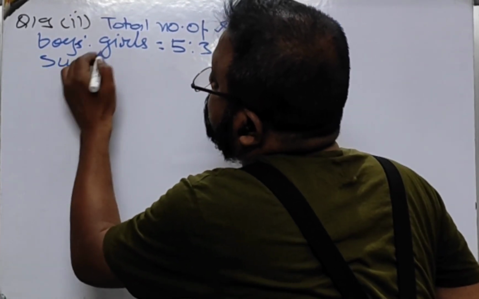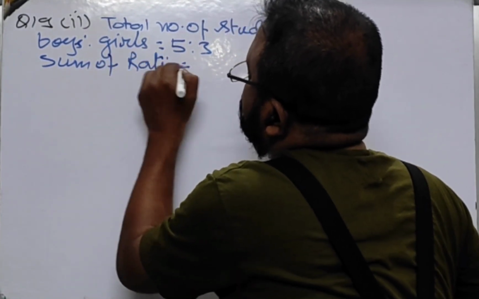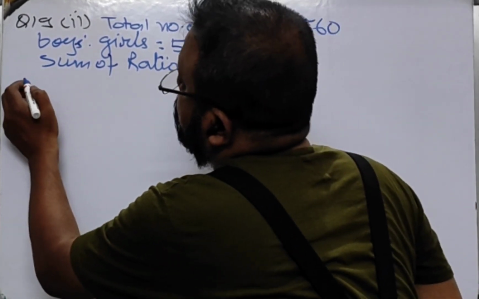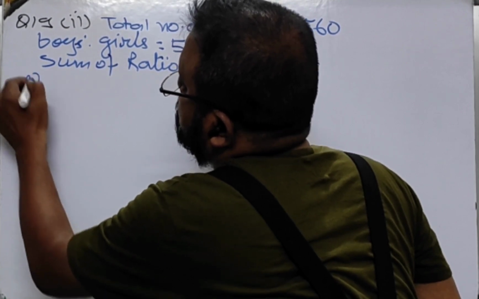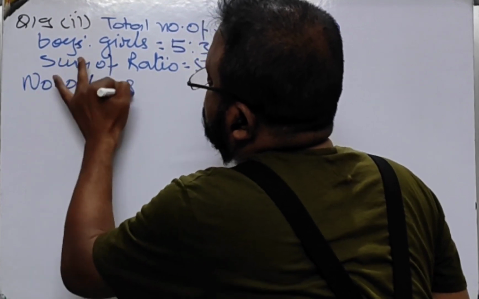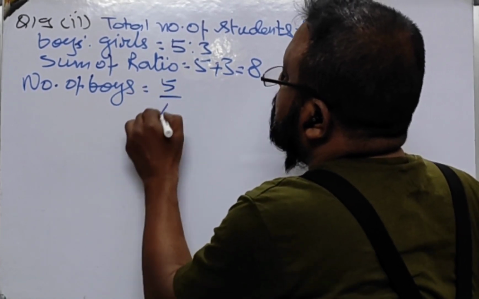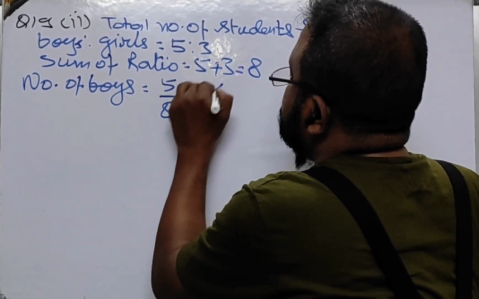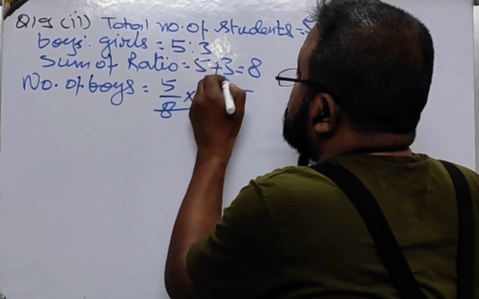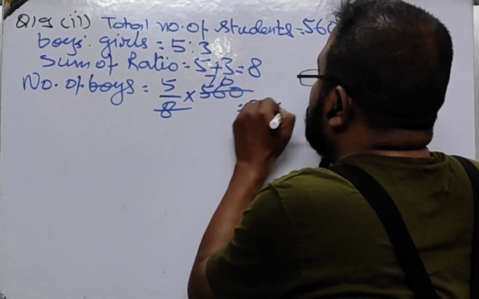So the sum of ratio is equal to 5 plus 3 is equal to 8. So the number of boys is equal to 5 by 8 into 560. 8 sevens are 56, 70, it becomes 350, 350 boys.